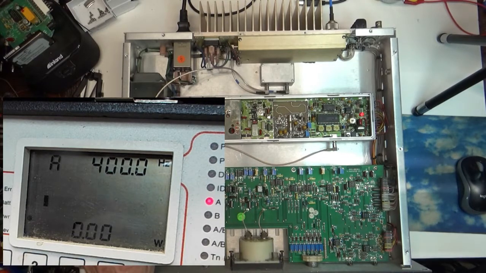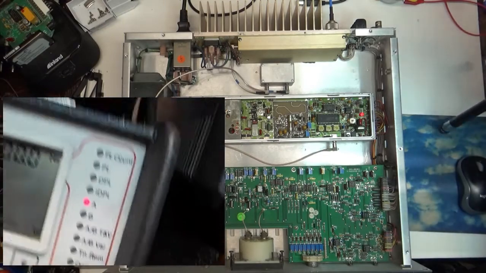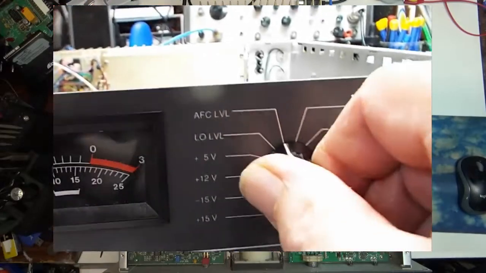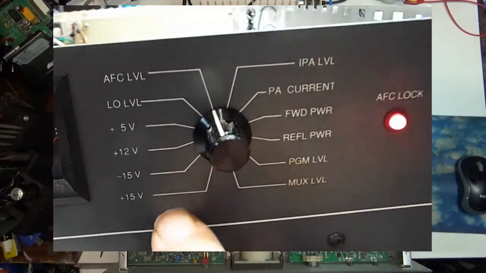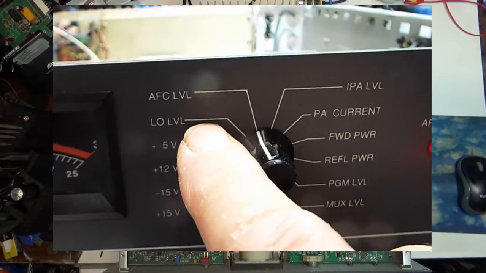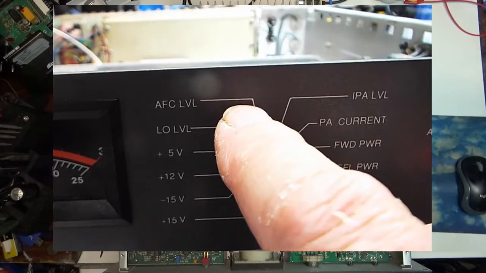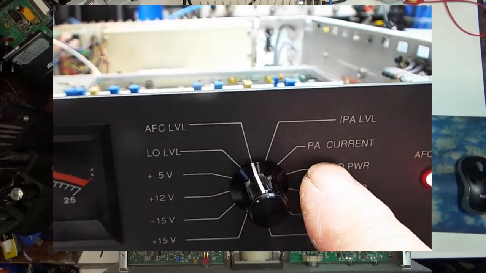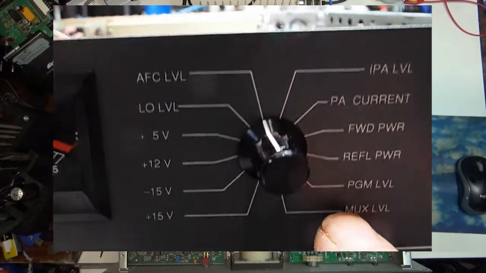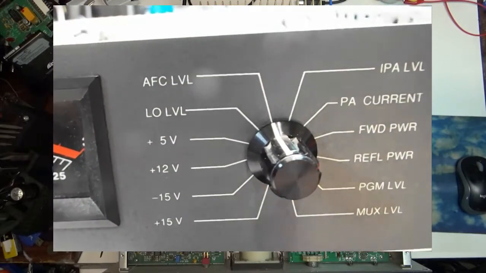Okay. You haven't done one step here yet, and that's very important. Let's bring you back here. On the front meter, you've got positions for everything you'd want to know: plus and minus 15, 12 volts, 5 volts, local oscillator level, AFC level, IPA level, PA current, forward power, reflected power, program level, and MUX level.